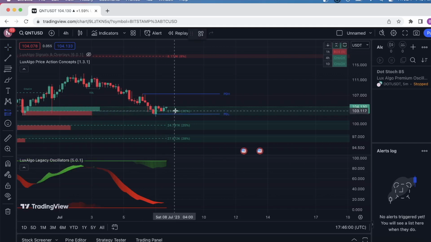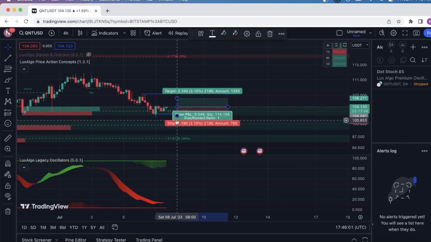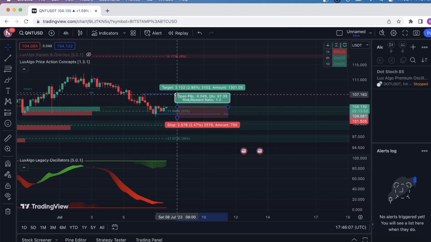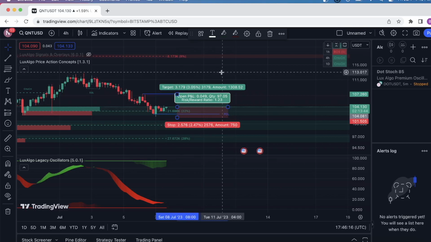But let's just see. If I was to enter right now and move my stop below this last swing and below the previous day low and target the previous day high, what does that get me? Oh, that's a 1 to 1.23 risk reward ratio. So I would have to risk 2.47% to gain 3%.